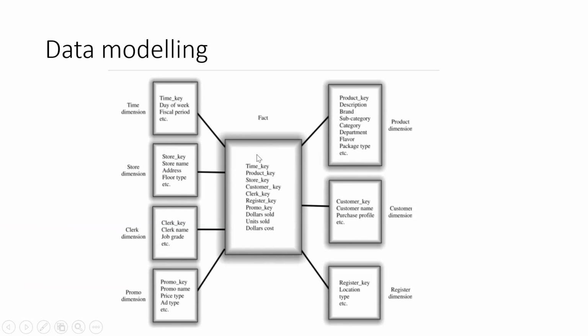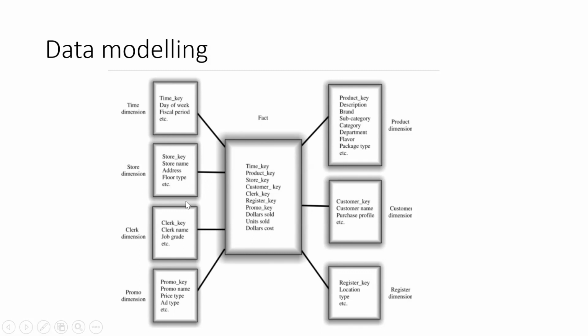We are joining between fact and dimension based on those foreign keys, as I told. Suppose this is a fact table, you can see those are all the foreign keys available. Each of the keys is responsible for each of the dimensions' primary key. We have time dimension. For that, we have the primary key time key, and the same time key is present over here in the fact as well.